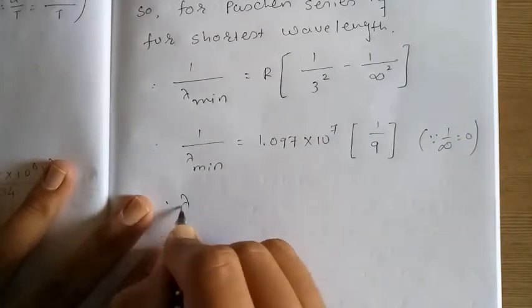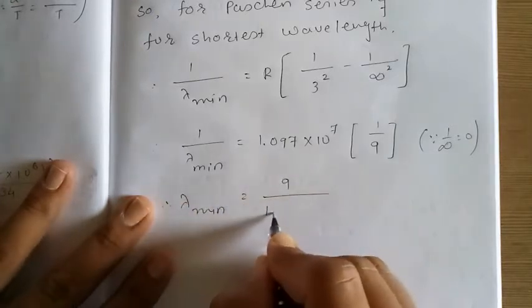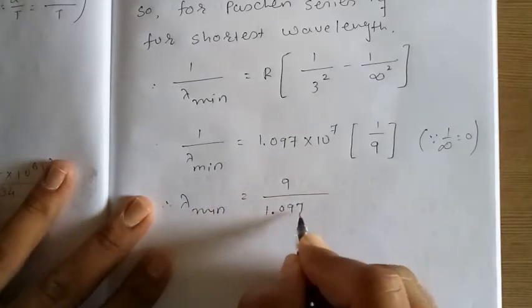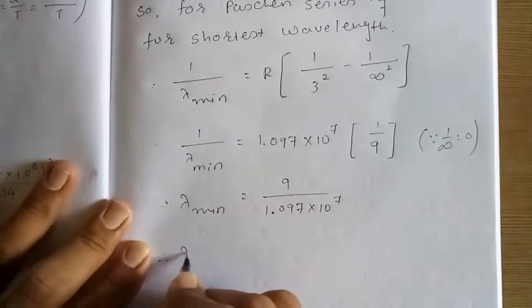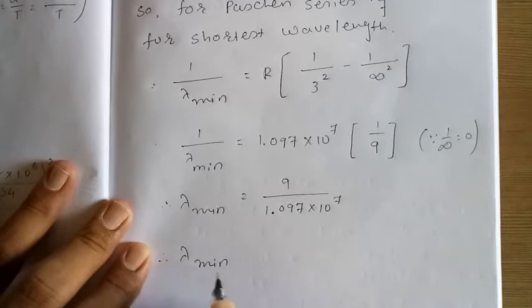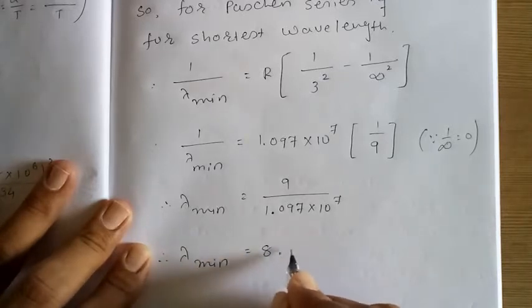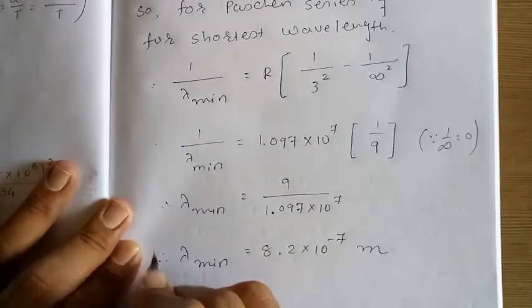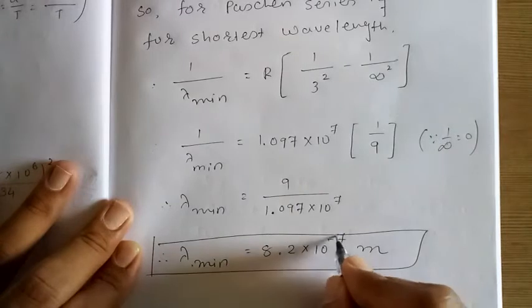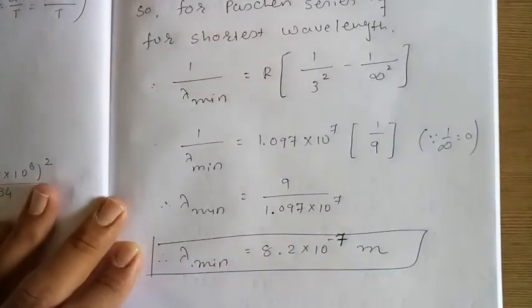So lambda minimum is given by 9 upon 1.097 into 10 raised to 7. So lambda minimum is equals to 8.2 into 10 raised to minus 7 meter.